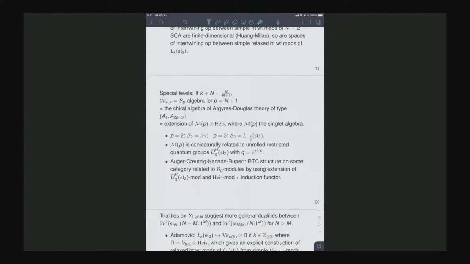They define such an extended category by using an induction functor and prove the braided tensor category structure on these categories. In fact, they also prove that such a category is non-semisimple. So this means that we expect the B_p module category to be a non-semisimple braided tensor category.